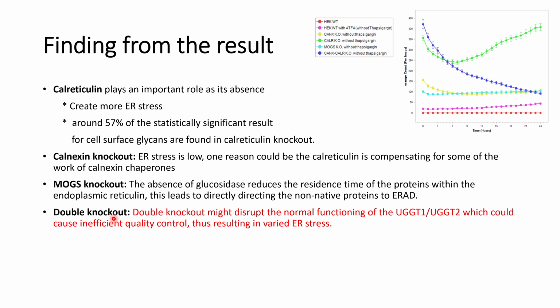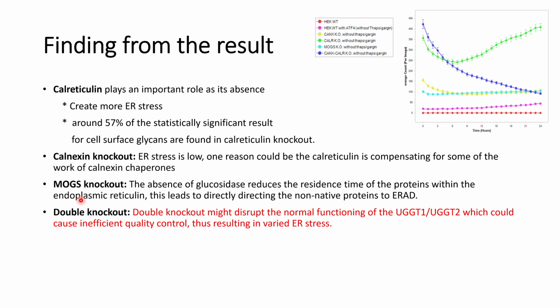So in that case, the protein's residence time within the calnexin and calreticulin cycle decreases, and it will be directed towards the ERAD pathway in less time compared to the wild type.